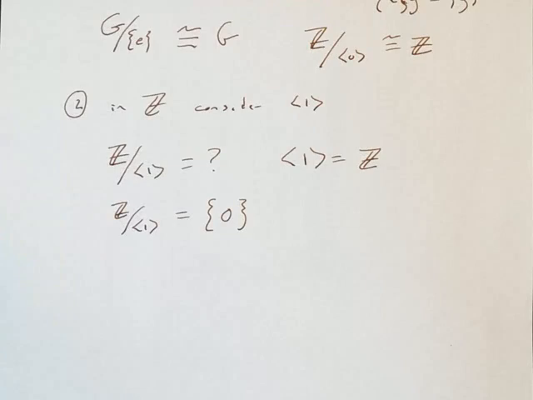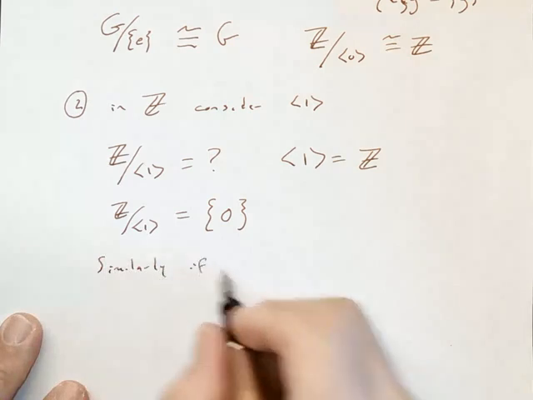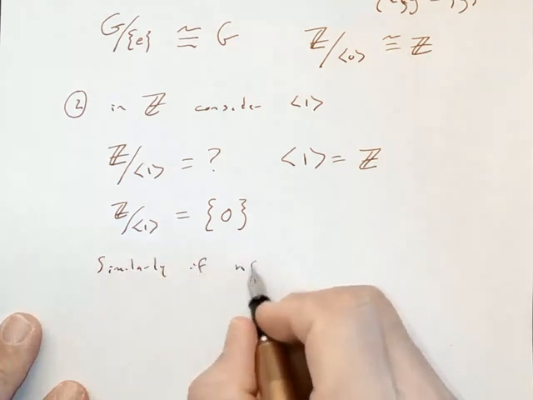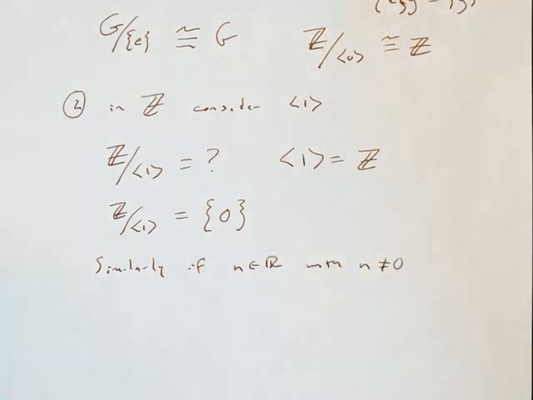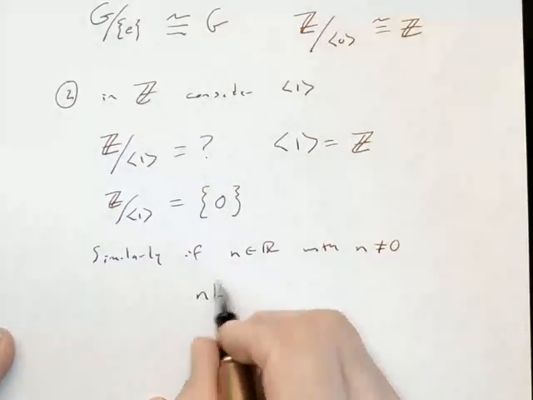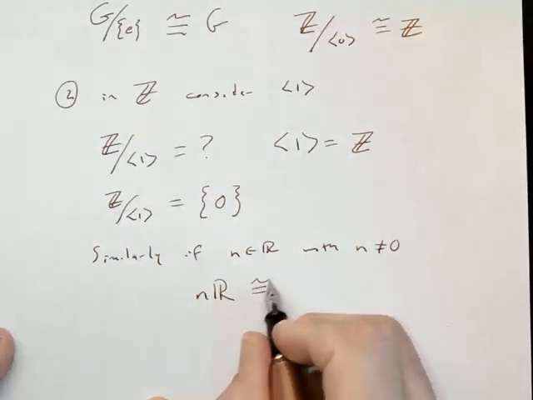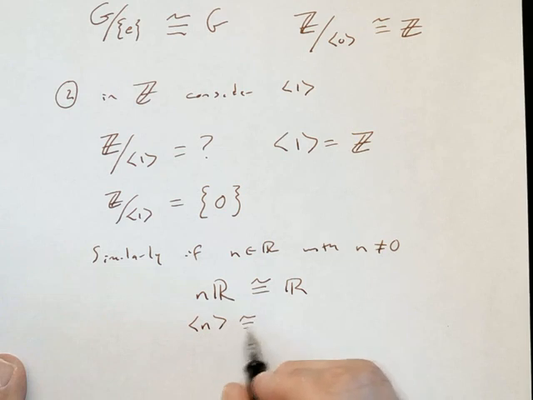By the way, that doesn't just hold true in the integers. I could do this in the real numbers as well. Pick any non-zero real number N, then the subgroup generated by N is isomorphic to R, which means the subgroup generated by N is the real line.